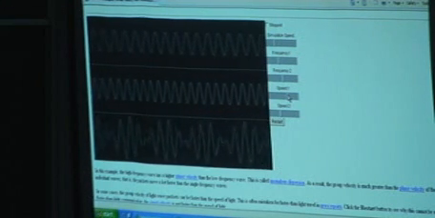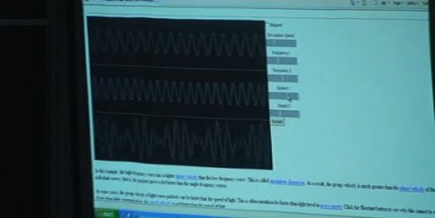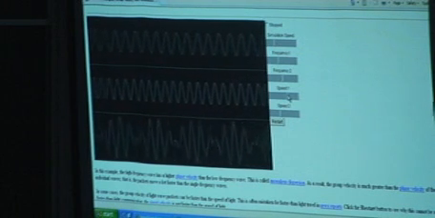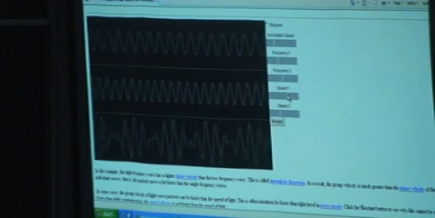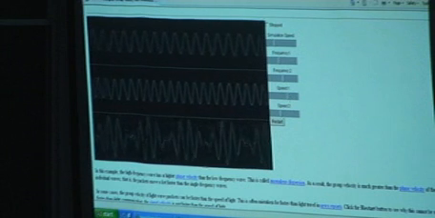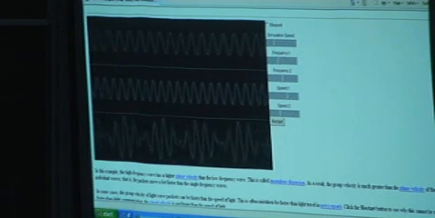This means that the group velocity is higher than the phase velocities. And this is what happens in anomalous dispersion. So these are examples that I've uploaded on the website.